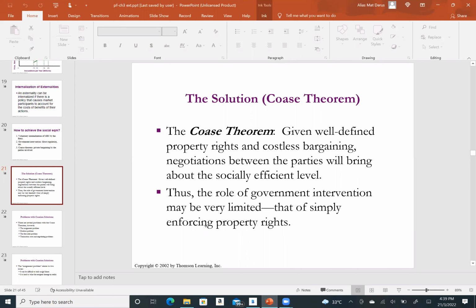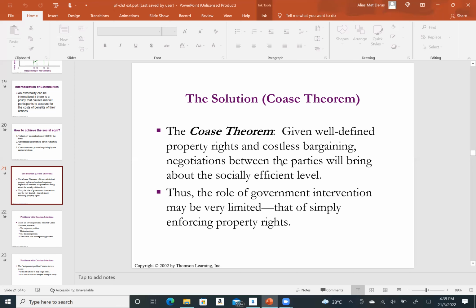So not just assign, but also enforce. That is only the role of the authority. It can be the university, the school, or the government. If you look at the university, maybe they have the rule: people have the right to clean air. So that's the property right.